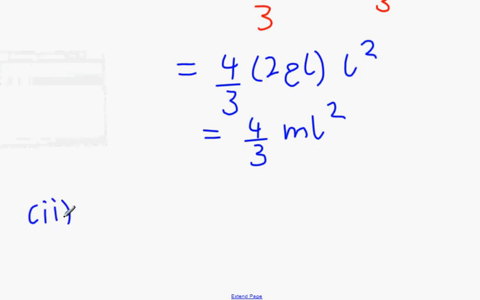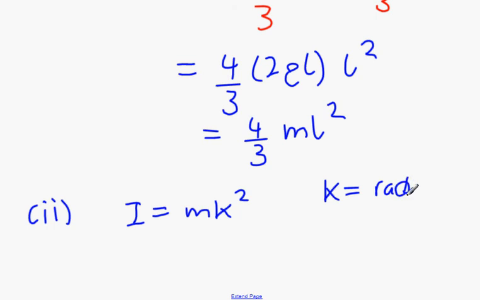The radius of gyration of a body about the axis: the formula is I equals mk squared, where m is the mass and k is a fixed distance from its axis of rotation. So k is the radius of gyration. We're imagining the full system as one big mass.